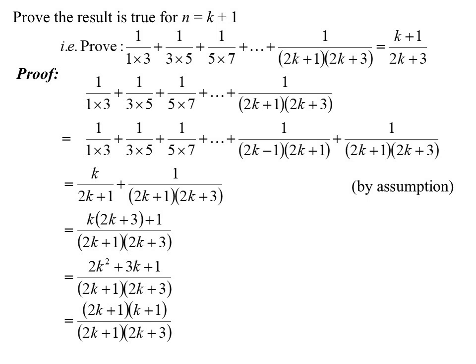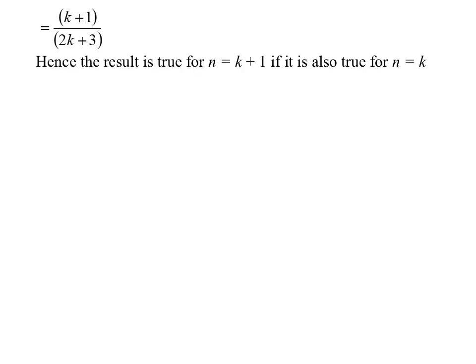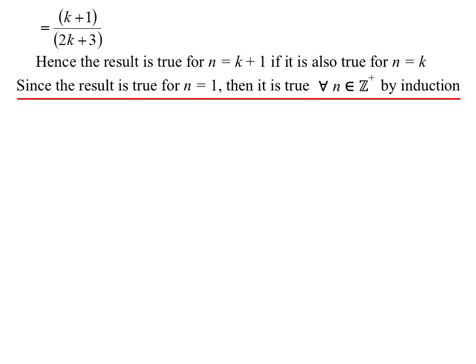So yeah, there it is. Again, you can double check that that does work, and it does. The 2k plus 1's cancel, getting our required result. So yes, hence it is true for k plus 1, if it is true for k, and now I can pull it together. Well, since it's true for 1, got to be true for all of them through our use of induction.